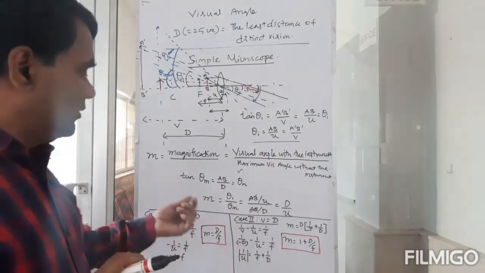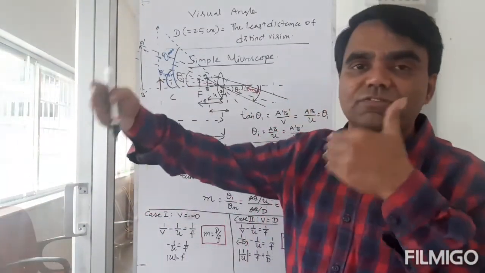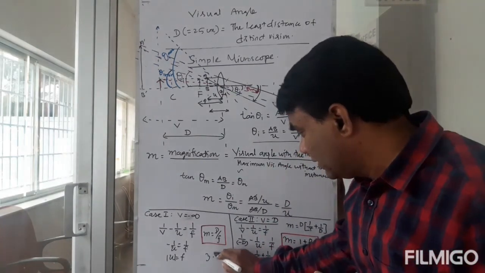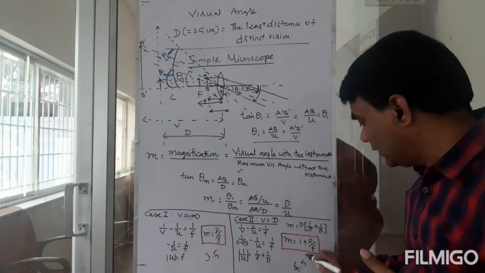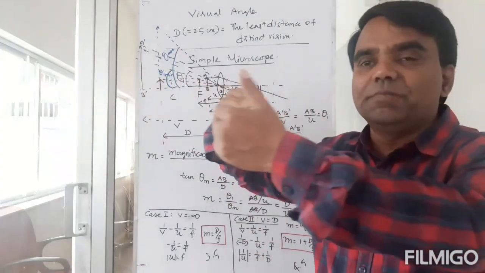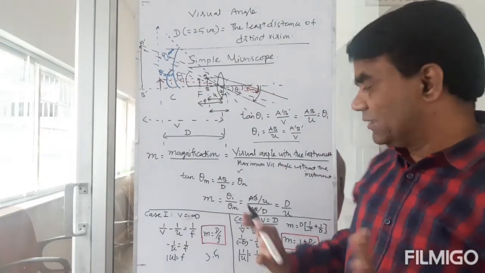Typically, the magnification can happen between 3.5 and 4.5.